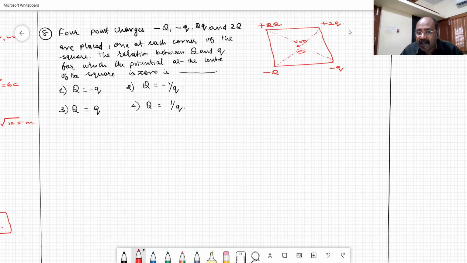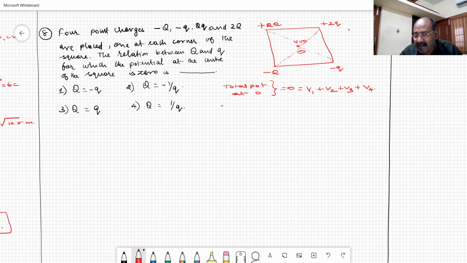So we can say the total potential at O is equal to 0, which is the sum of the four potentials: one due to minus Q, let us consider it as V1; one due to minus small q, V2; one due to plus 2q, V3; and one due to plus 2Q, let us take it as V4.